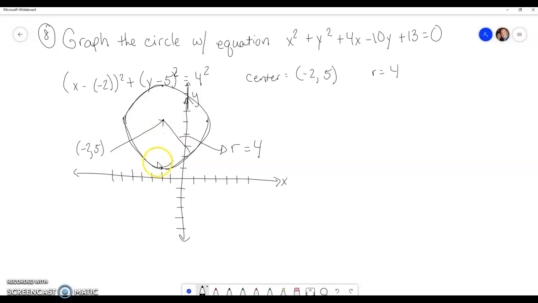And what that does is ensure that you can tell that this is my radius, this is my center, this is a point along the circle. Okay, so that is how you graph a circle. All right.